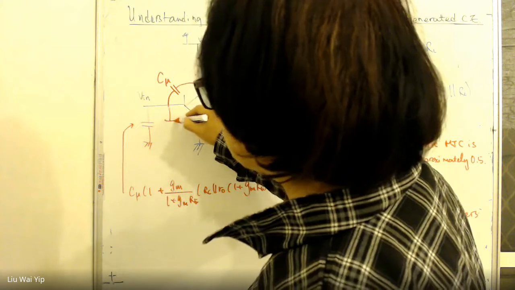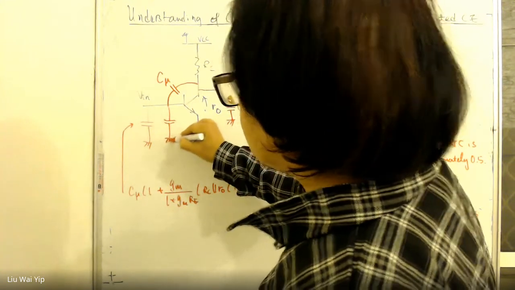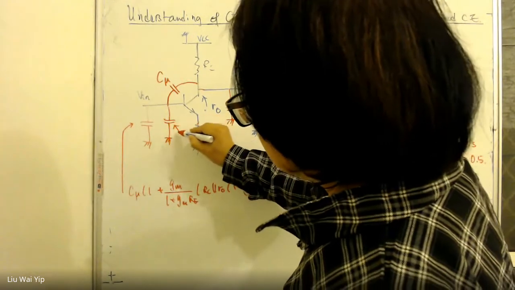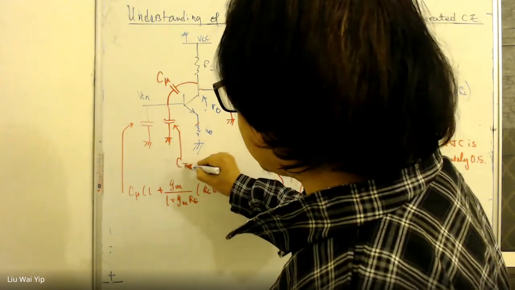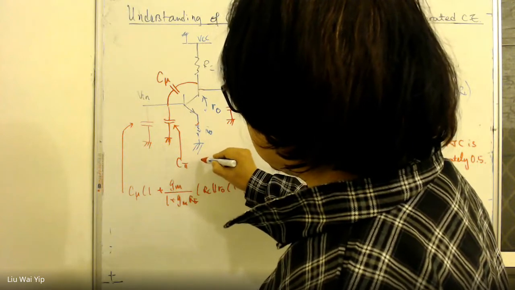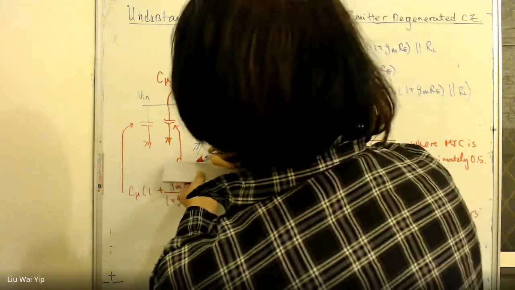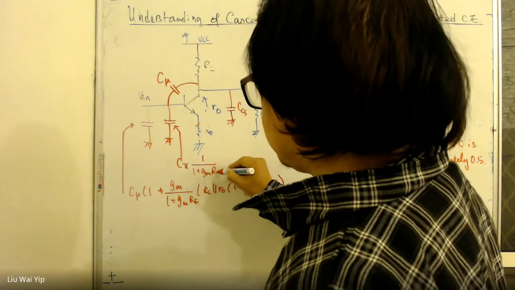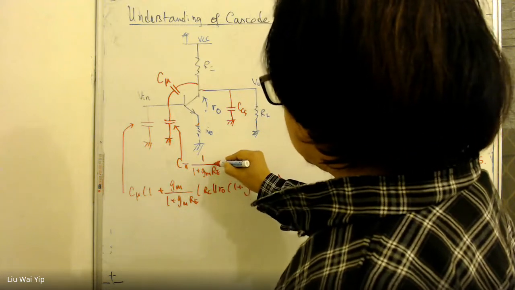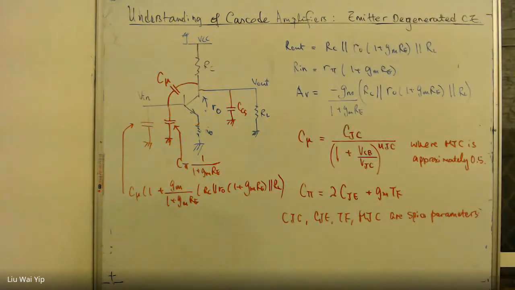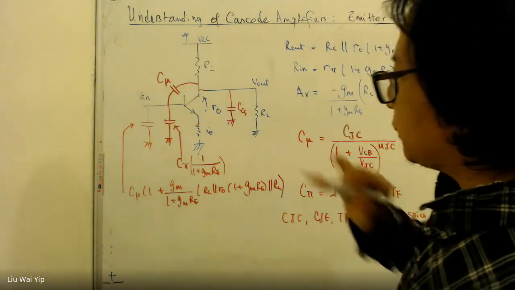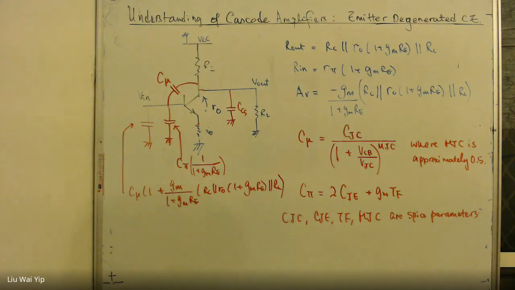It can become this kind of capacitance, and the capacitance here is going to be C pi times 1 over 1 plus GM RE. You can use the Miller effect, Miller theorem to derive it. So right now, almost everything is done.